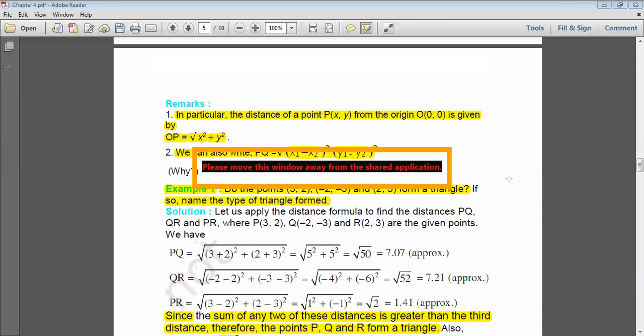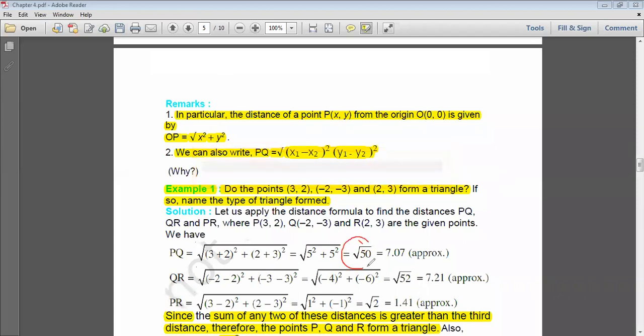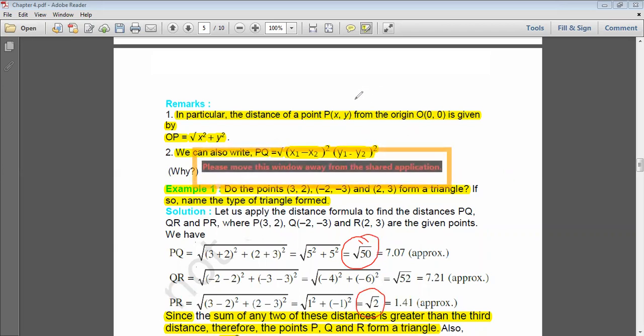Is that okay? Now consider these 2 points. What is PQ squared plus PR squared?